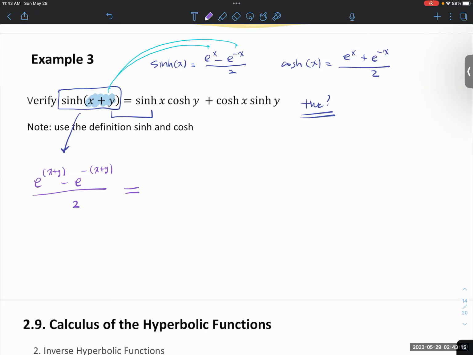Is it equal? We know sinh x, e to the x minus e to the negative x over 2, times, what is cosh y? e to the y plus e to the negative y over 2. And then cosh x. Oh, actually, this is y because you're going to plug in x and y, so this is going to be y minus y.